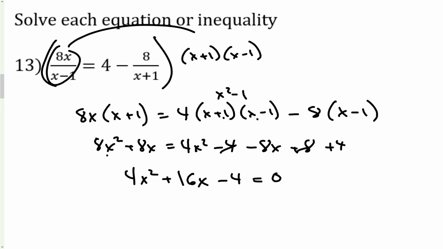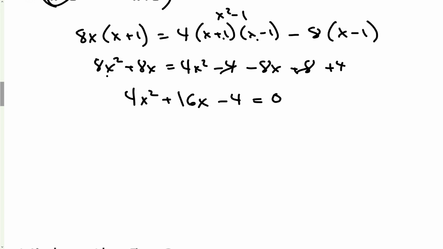Now, I do notice that all these things have a 4 in them, so I can divide both sides by 4 without losing any of the variables. So this turns into x squared plus 4x minus 1 is still equal to 0. What are the factors of 1 that subtract to 4? Well, there are no factors of 1 that subtract to 4. So I can't solve this by factoring.